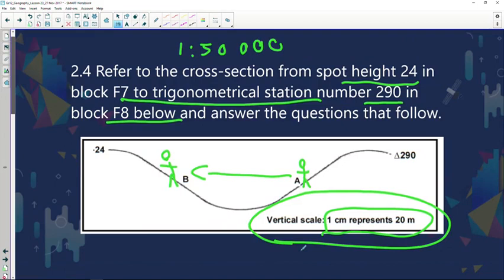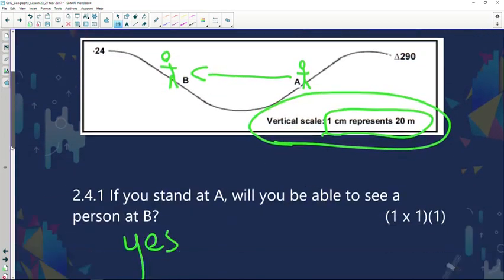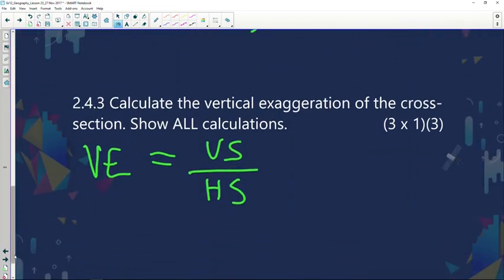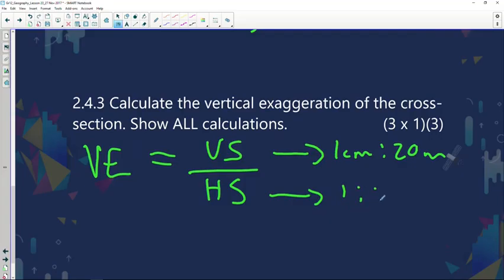So we've got all the information that we need to do our calculation of vertical exaggeration. They've given us the vertical scale of 1 centimeter represents 20 meters. And because the cross section was drawn from the trig beacon to the spot height on the topographical map, we know our horizontal scale is 1 to 50,000.